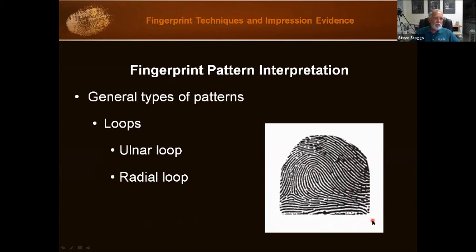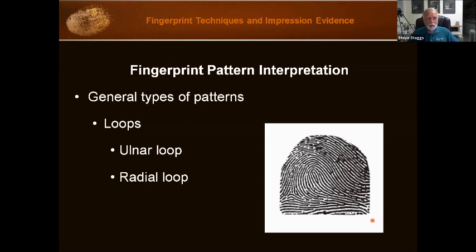All right. Now, loops are divided into 2 types, ulnar and radial. However, you must know on which hand the loop appears to determine if it's ulnar or a radial loop. When it's unknown from which hand the loop is from, as is common with evidence prints, then loops are divided into right slope and left slope loops.